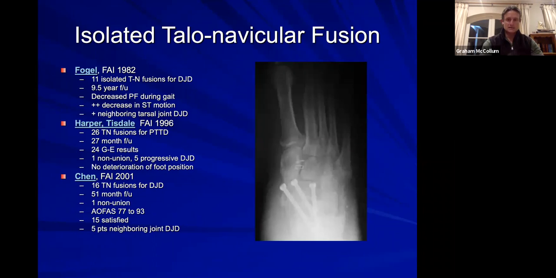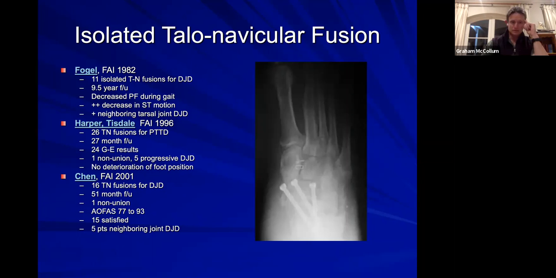And in this instance, when there's not significant deformity or instability of the subtalar joint, it might be indicated to just perform a primary arthrodesis of the talonavicular joint and not include the subtalar joint, bearing in mind that it'll take away 80% of that motion.